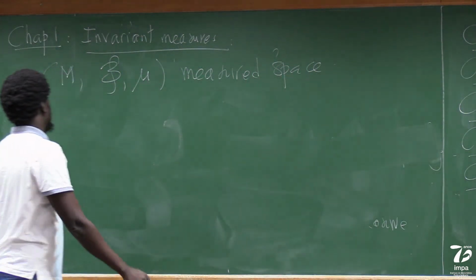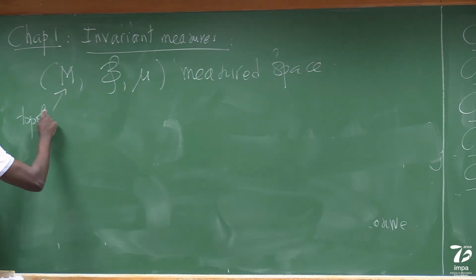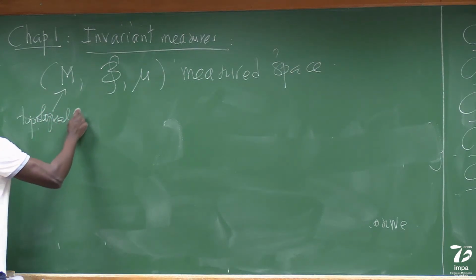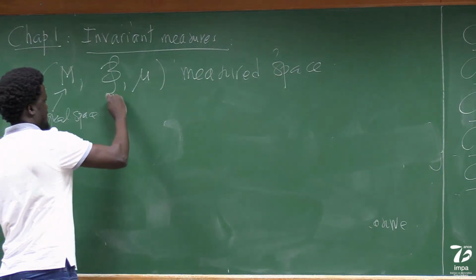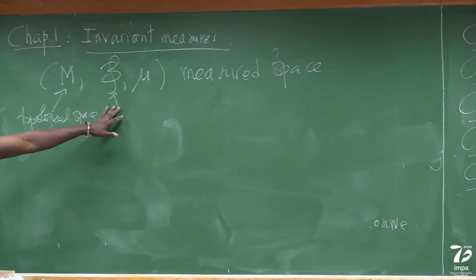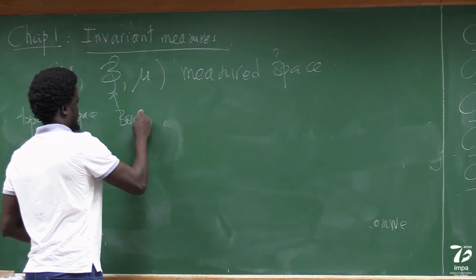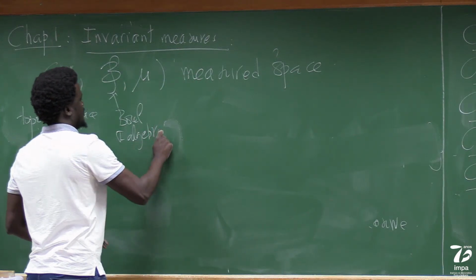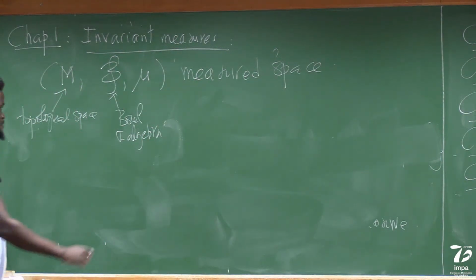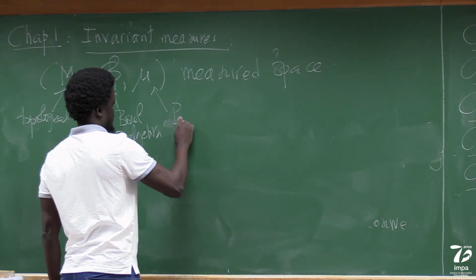By this I mean here I have a topological space, this is a Borel sigma algebra, so this is a sigma algebra that you get from the topology, and this is a probability measure. So I always care about probability measures, okay?